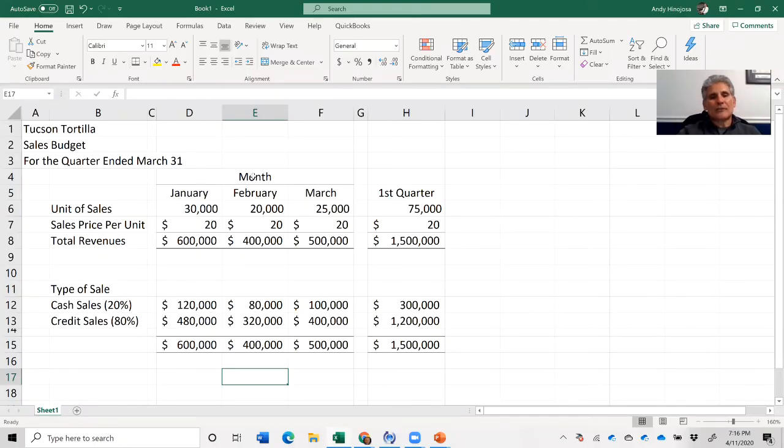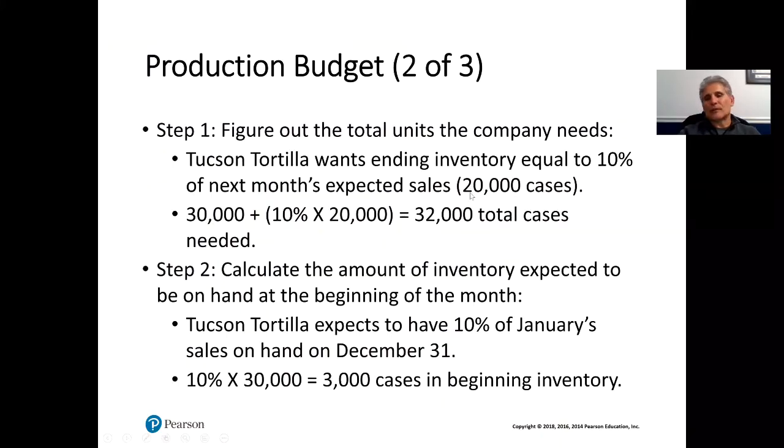We're going to sell 20,000 cases in February. Well, if we want our ending inventory for January, or our beginning for February, to be at least 10% of the following month's sales, that means we've got to have 10% of the 20,000. That's what the 20,000 means, 10% of the 20,000.